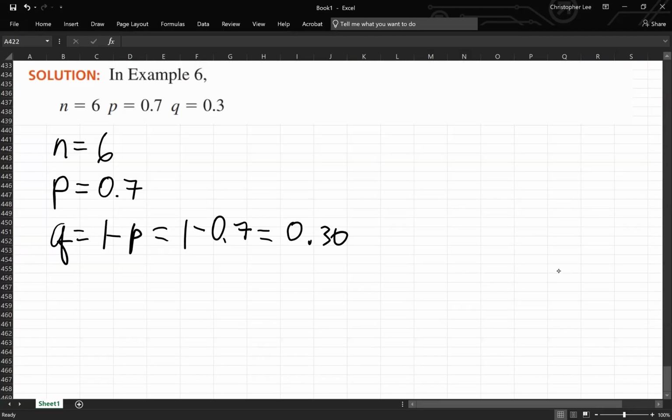So the first thing that they're asking me to find is the expected value, mu. Mu's equation is n times p. What's n? Times 0.7. Good.